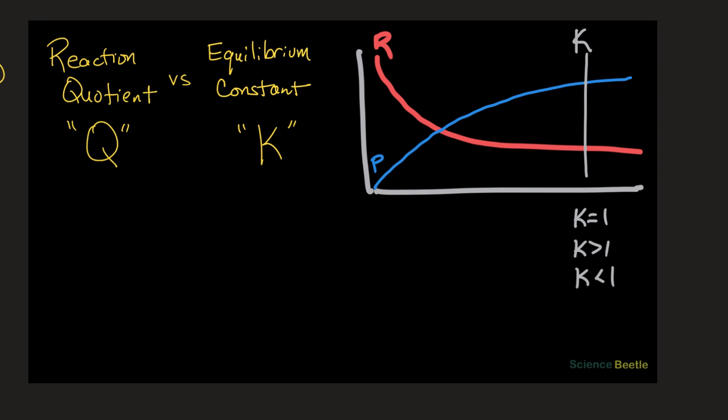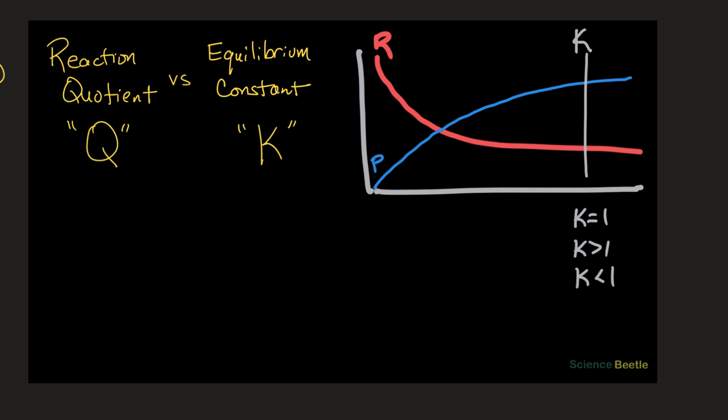Now, we're not going to go over those in greater detail in this video, except to just say that when K is greater than 1, then the products are favored. The higher the value greater than 1, the more strongly or more pronounced the products are going to be favored. And in the opposite direction, when K is less than 1, that means reactants are going to be favored. So you're going to get a lot of reactants still present unreacted in the solution mixture.